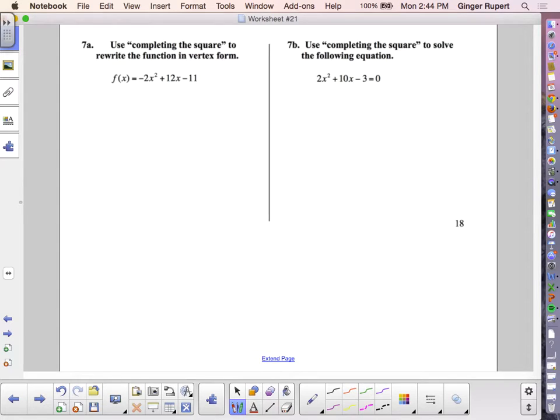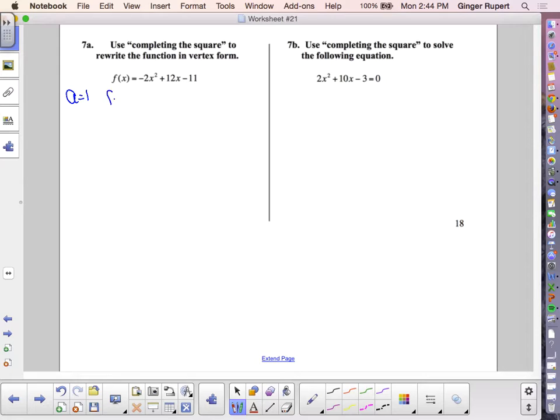Number 7 says use completing the square to rewrite the function in vertex form. Okay, remember the first thing in completing the square, that leading coefficient must be a 1. So a has to be equal to 1. And it is not in this case.